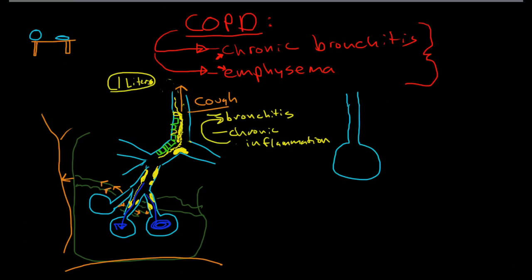So on inspiration, they open a little further, right? So on inspiration, the airways open, and on expiration, they don't close completely, but they may flatten up a little bit because the forces are not quite as strong. Right? Because we still have some elastin.